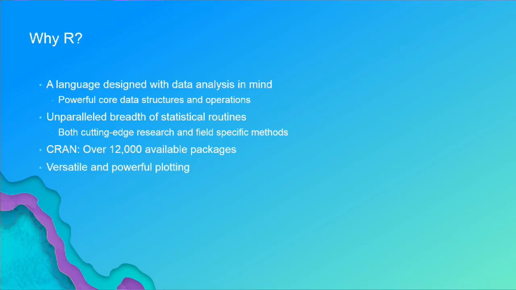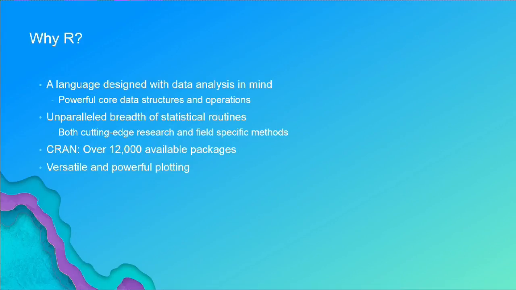Additionally, since R was designed for statistical analysis, a lot of the objects in R are oriented with that in mind. So a lot of the structures are built to make it easier to do various types of analysis. While you might be able to reproduce functionality in Python, it's often a little more intuitive and simpler, with fewer lines of code in R.